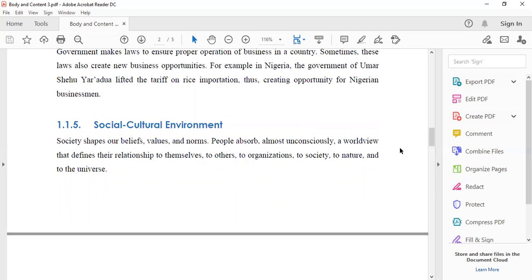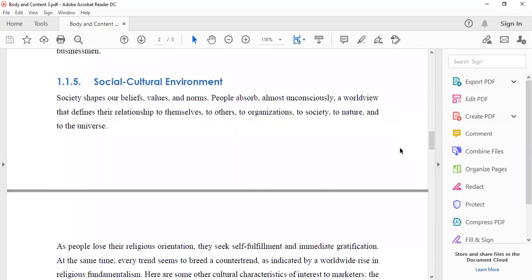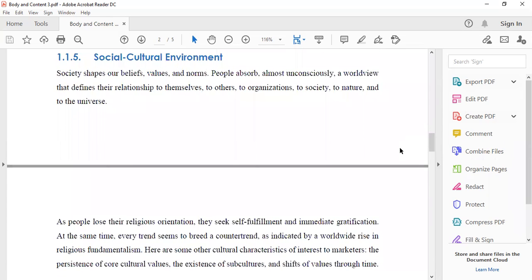This needs to be well understood because most times they tend to affect the things we consume, they tend to affect the way we think about things and all whatnot. It is important that the people's culture is understood such that the product does not contradict their cultural beliefs or the activities of the organization does not contradict their cultural beliefs.